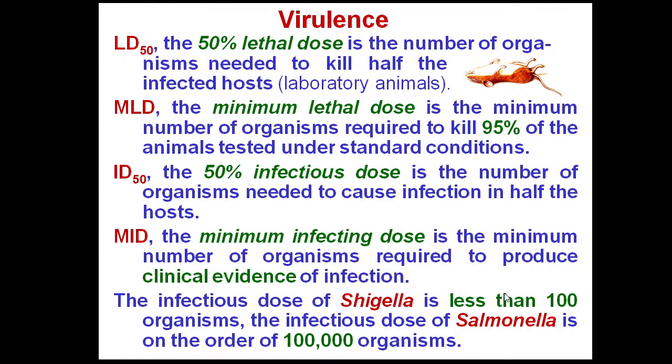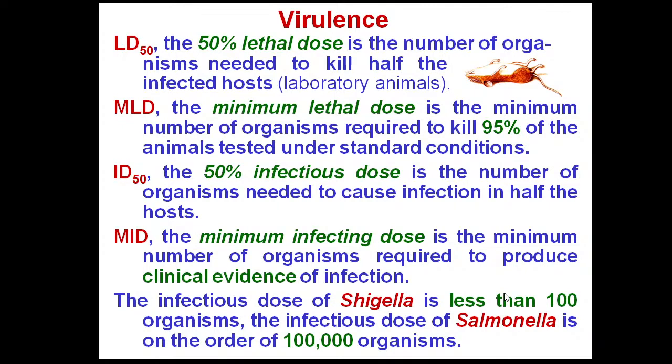That is the best dose because it allows us to compare the virulence. For example, for one Vibrio cholerae strain, the LD50 is 100 microorganisms. And for another Vibrio cholerae strain isolated from another source, the LD50 is not 100 but 200.